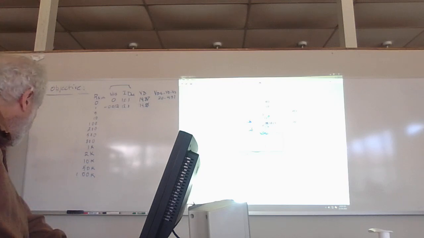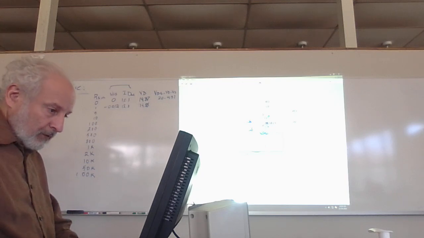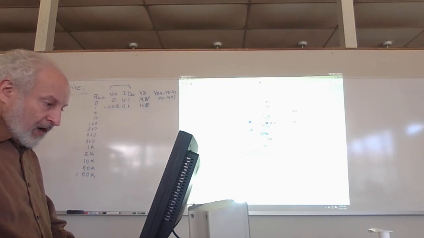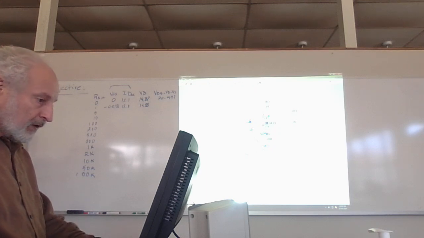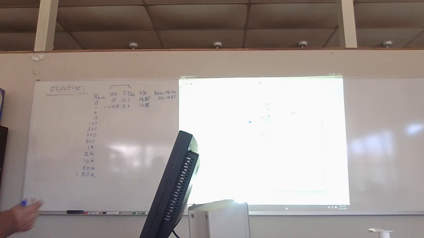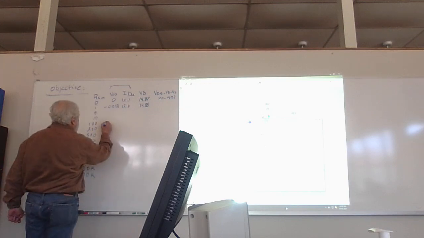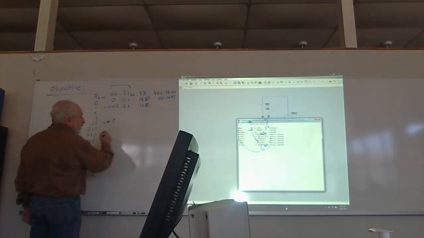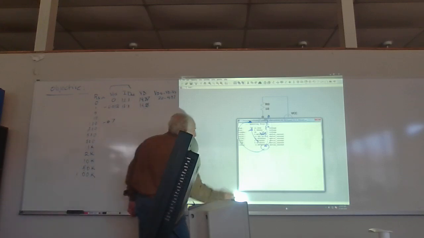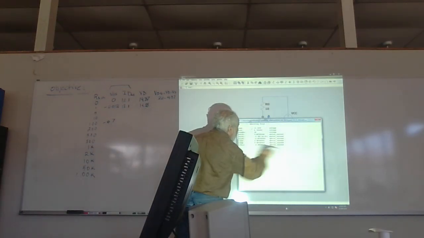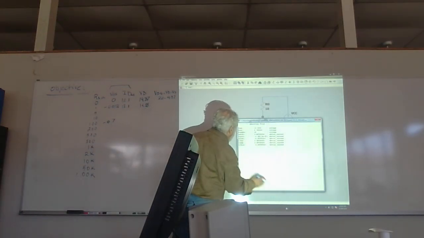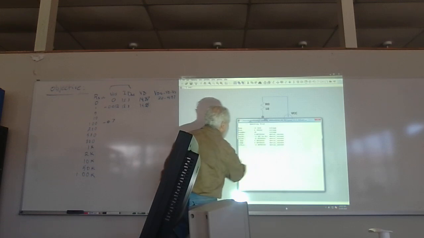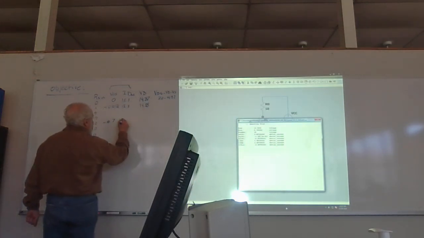So let me jump to 100 and run it. With my run at 100, notice here I have minus 0.7. And my current in milliamps is 7.1.